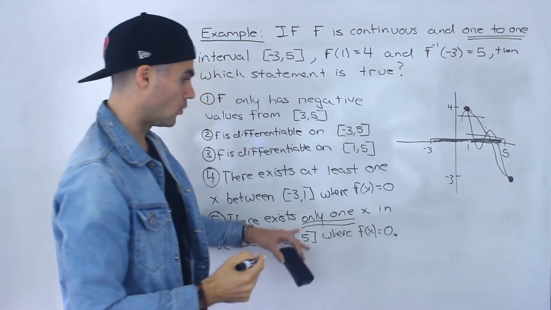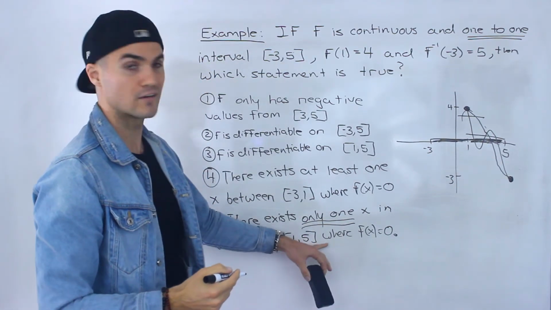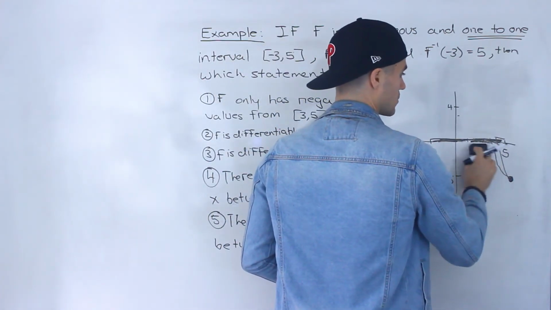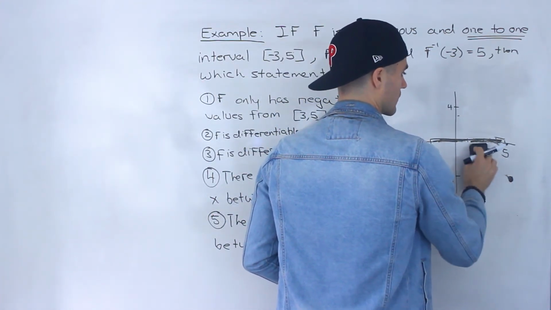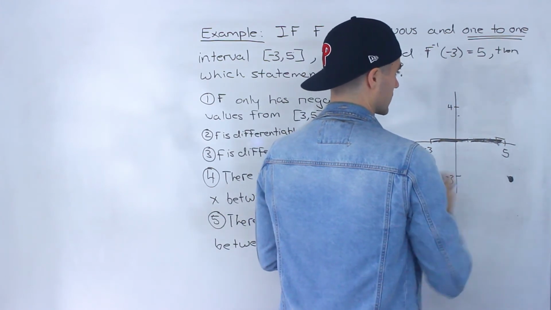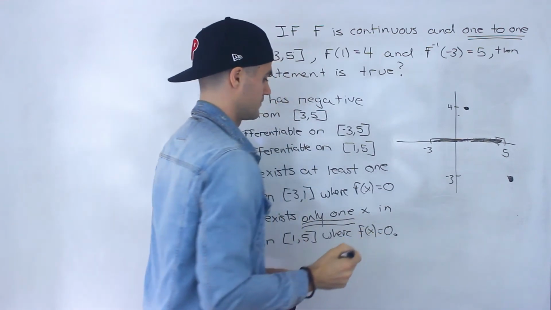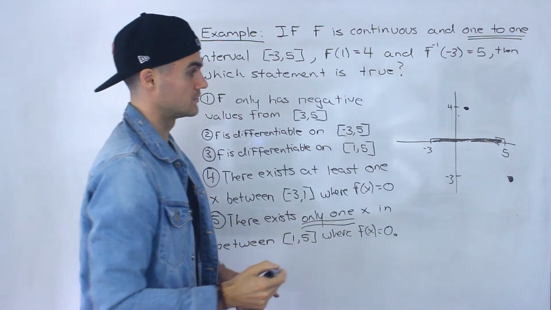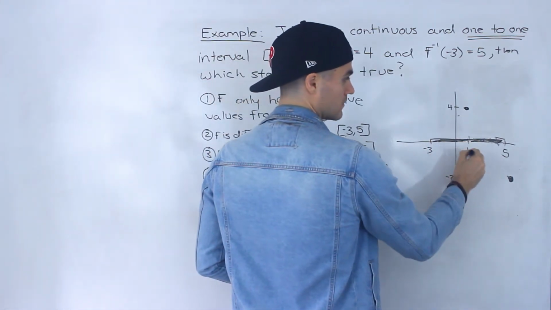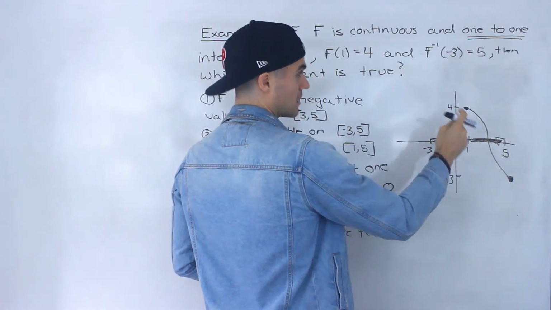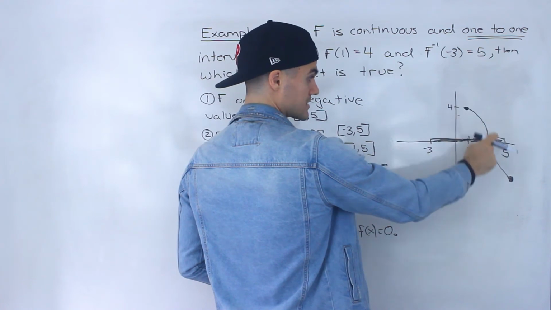So there can only be one x value in between 1 and 5 where it's going to cross that axis. I'm going to show it one more time. So that's kind of the trick of the question. There is only one x value between 1 and 5 where it's going to cross, and it's because, number one, it's continuous, so it has to cross.